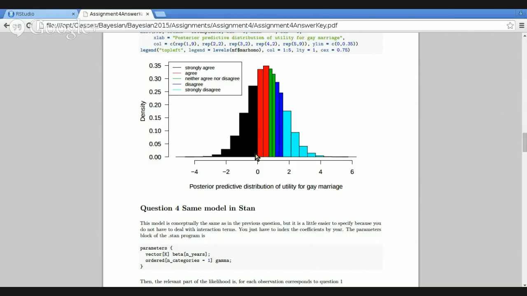So even if you're answering strongly agree, you have a probability of only agreeing, or all the other answer choices. So there is randomness to it, but that is sort of the distribution of opinion implied by the model and how the model would chunk it up.